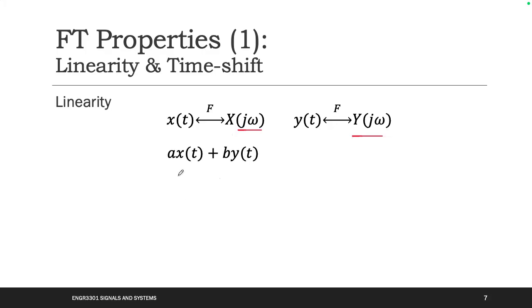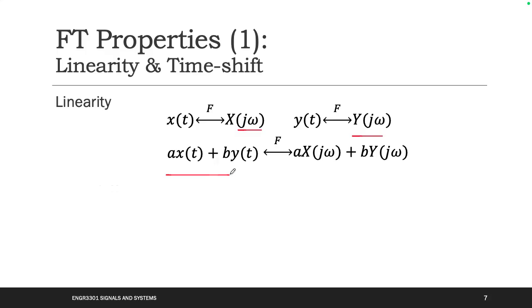And then if you have a new signal, a x(t) plus b y(t), what's the FT for the new signal? a X(j omega) plus b Y(j omega). Actually, it's very similar to the linearity property for the FS coefficient.